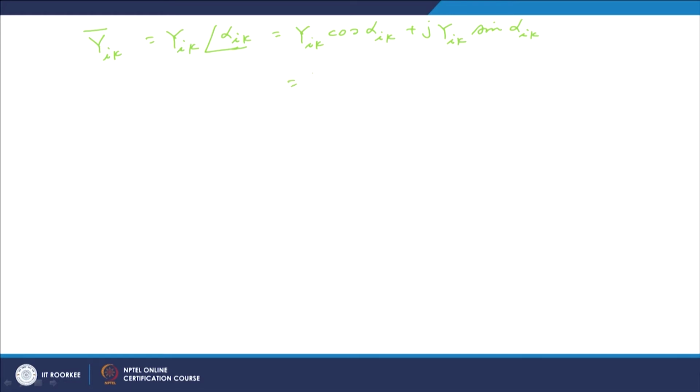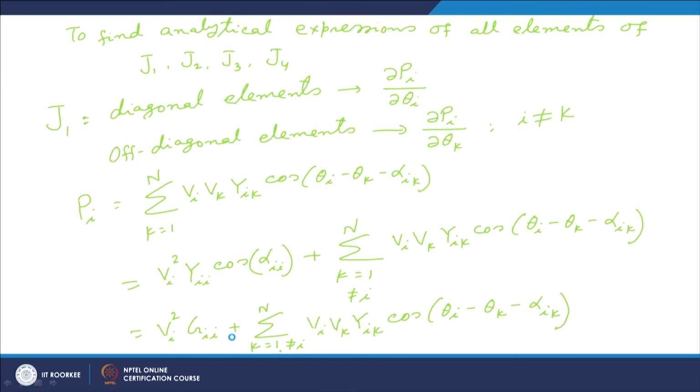The real part we call Gik and the imaginary part we call Bik. So Gii is the real part of the diagonal element Yii, and Bii is similarly the imaginary part of the diagonal element Yii. So Pi is equal to this.